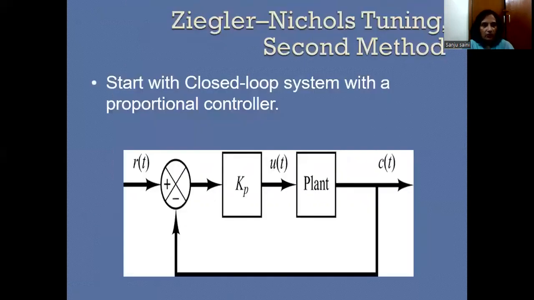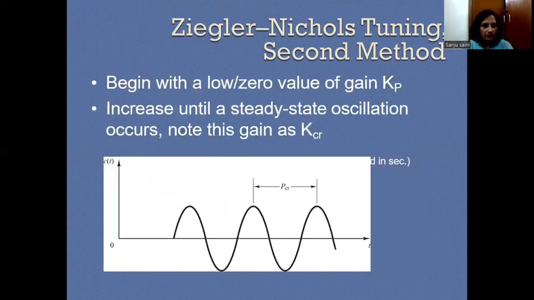Then the Ziegler-Nichols tuning second method. In this case, we start with the closed loop system with a proportional type of controller, and we keep the value of the gain very small. Then we keep on increasing the value of the gain till a steady state oscillation occurs. Suppose this gain is equal to KCR.